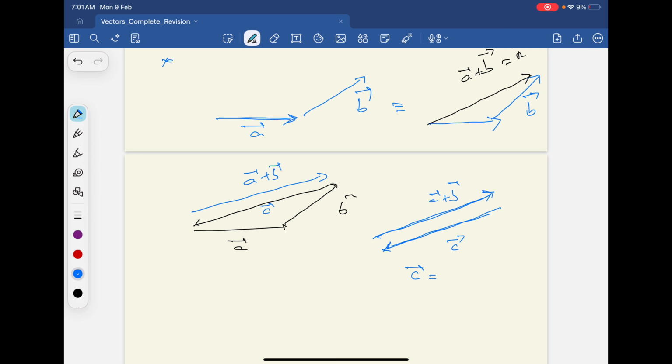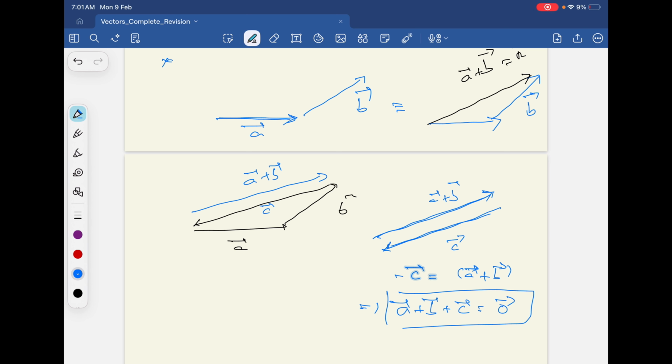So you can say minus C bar is equal to simply A bar plus B bar. So you can write A bar plus B bar plus C bar is equal to 0 bar. Now, the resultant of A bar and B bar is A plus B, but if any other vector C represents the opposite sense, then the sum of these, A bar plus B bar plus C bar, becomes how much?